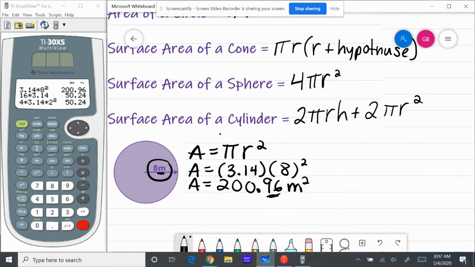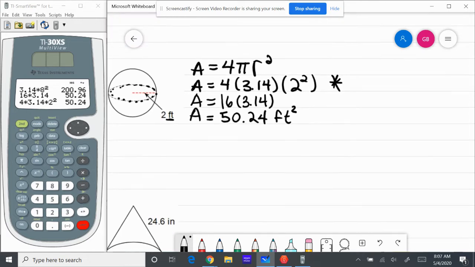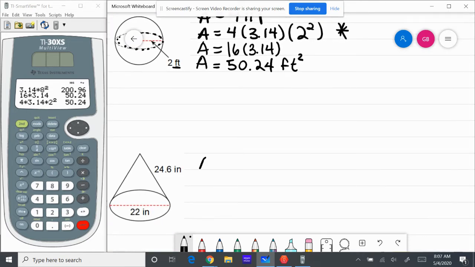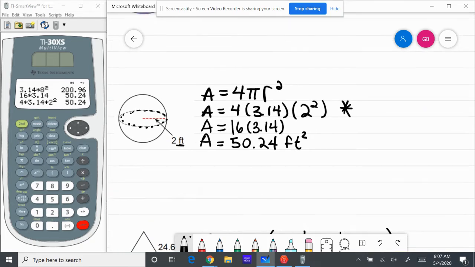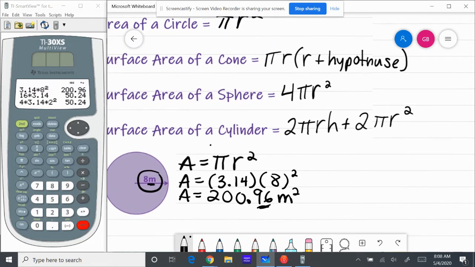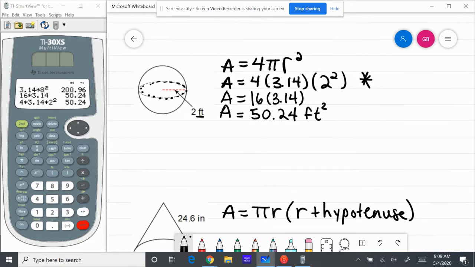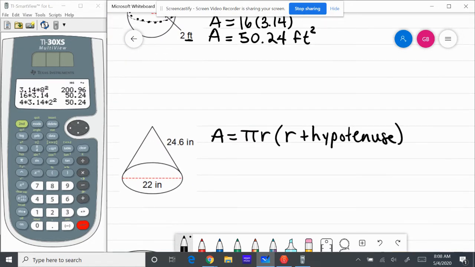Okay, so let me write it down first. Let's make sure I got it right. Pi r times r plus the hypotenuse. Okay, that's the formula.